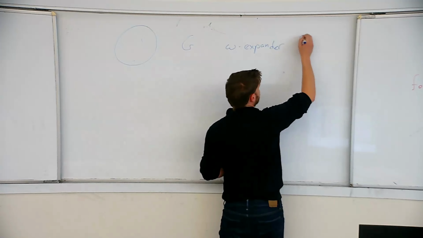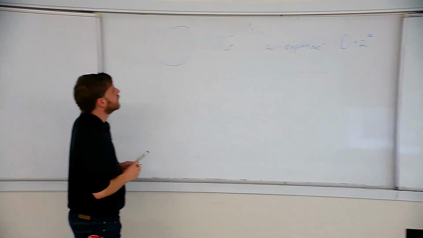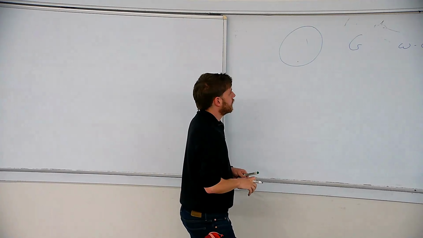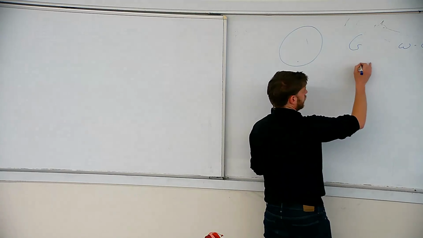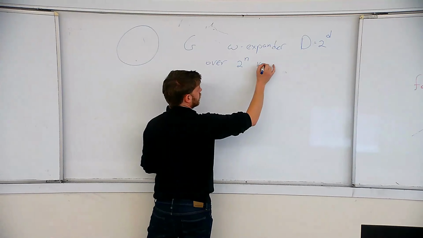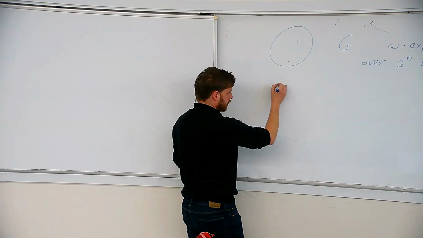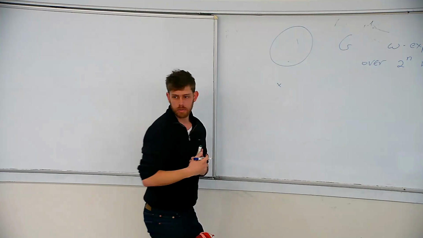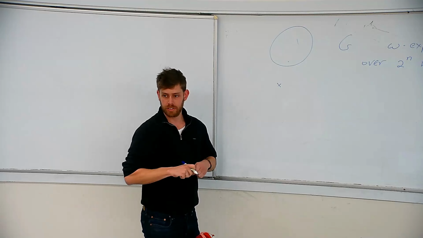It has degree D equals 2 to the D, and it has 2 to the n vertices. We get an input x. What are we going to do? What we always do in expanders: a random walk.